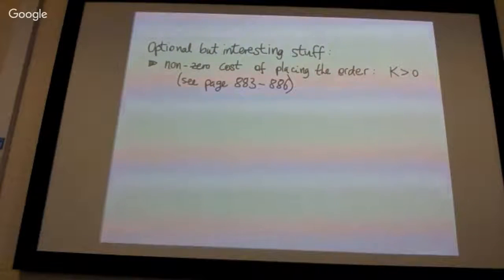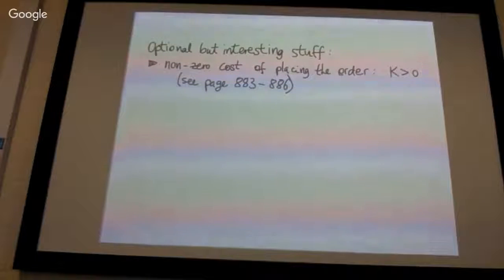If you have less than that, there is a certain range of the current inventory where the extra money you would gain from ordering up to S star is less than what you would pay for placing the order. Does that make sense? Okay.